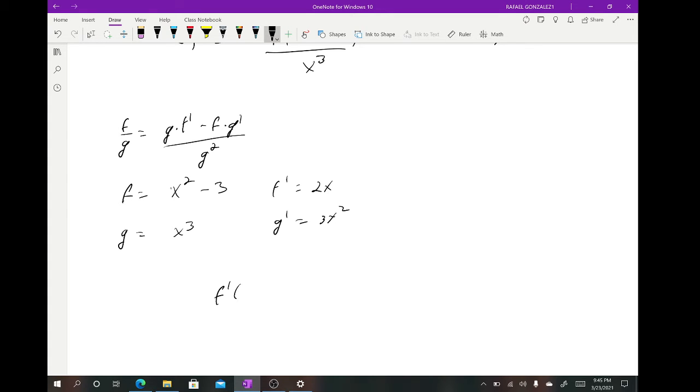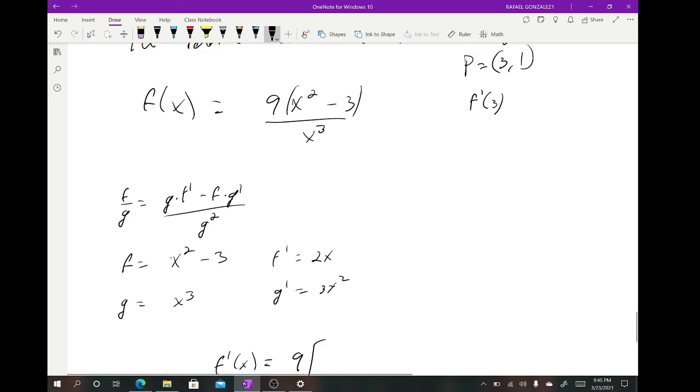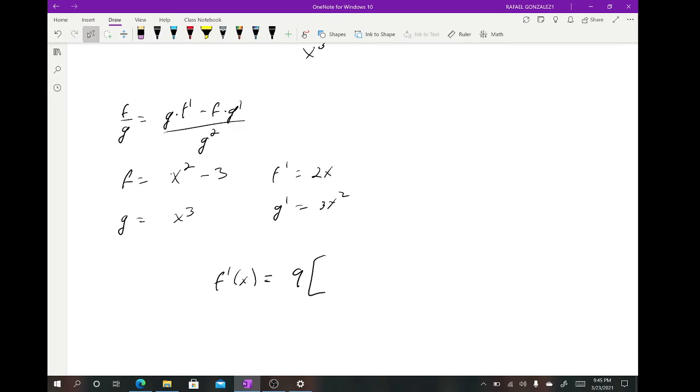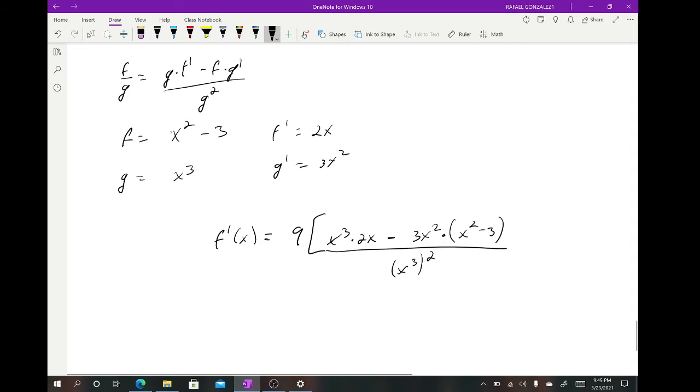So that means that f prime of x is equal to 9, because I left it on the outside, times g times f prime, so that's x cubed times 2x, minus g prime times f, which is x squared minus 3, all divided by g squared.